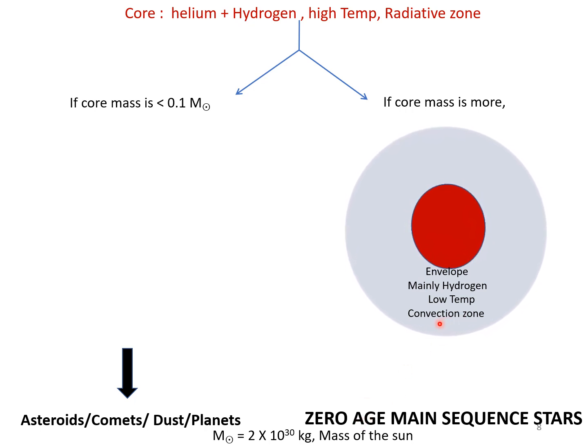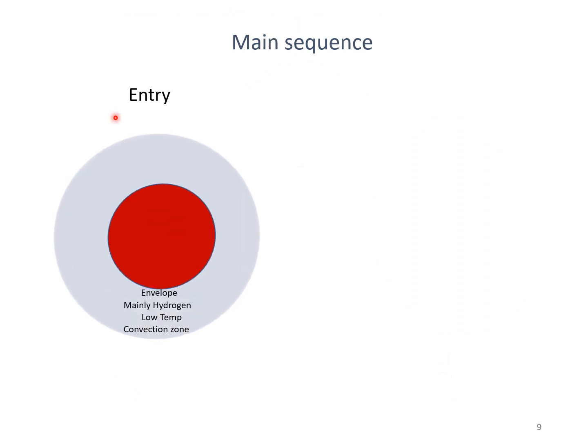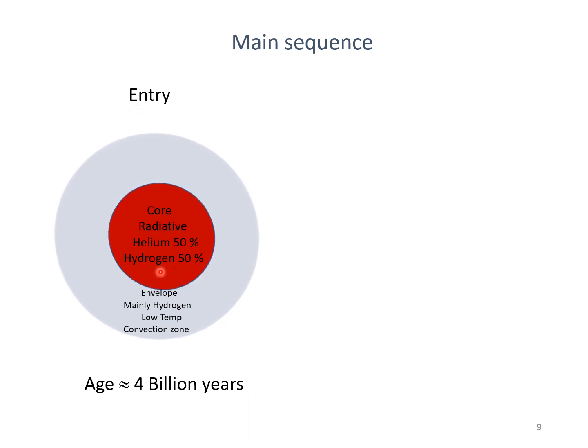In that particular case, we say the star has entered into the main sequence. When the star enters into the main sequence, we have both hydrogen and helium in the core, and that may continue for something like 4 billion years.